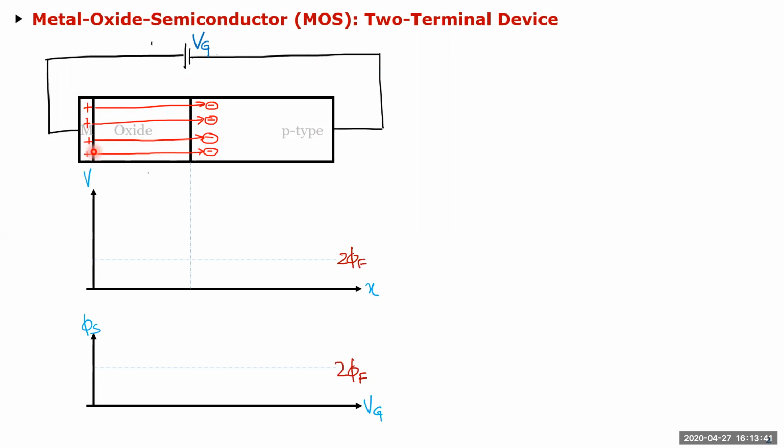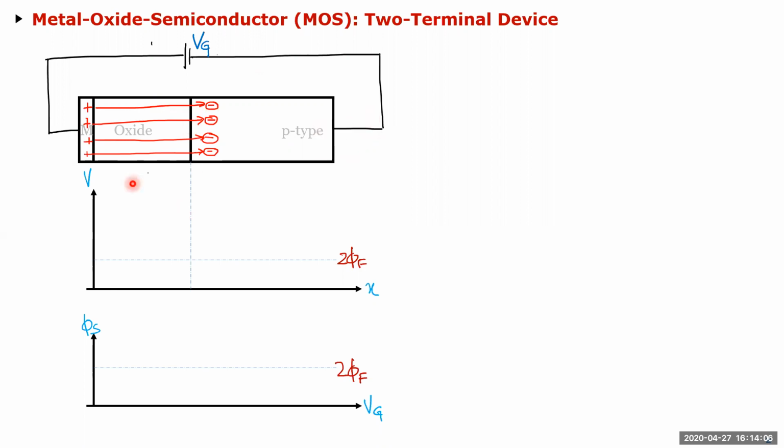And if I start looking at the voltage across this material, the key voltage to look at is at this interface, which unfortunately a lot of the books kind of miss. They just always talk about the gate potential with respect to the substrate, which is true. But the thing which creates the channel is actually this voltage with respect to your ground.